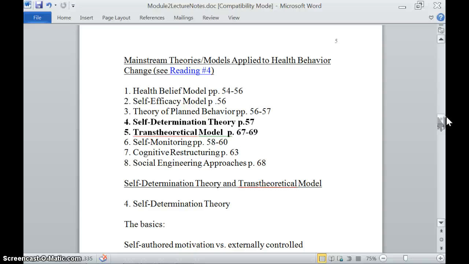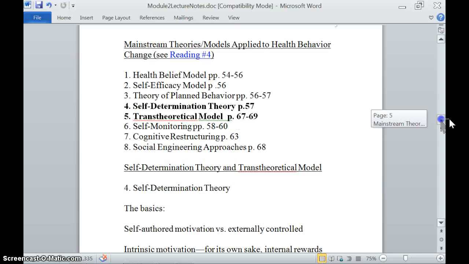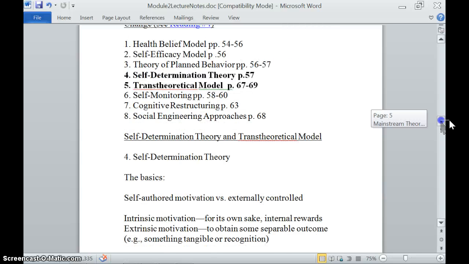This was done with people at a work site in New Jersey, nonetheless. But anyway, you get the idea that these theories are around. You can go into the literature and find all kinds of studies. But the two that we're really going to focus on are self-determination theory and the trans-theoretical model.